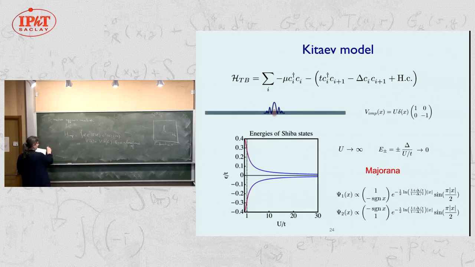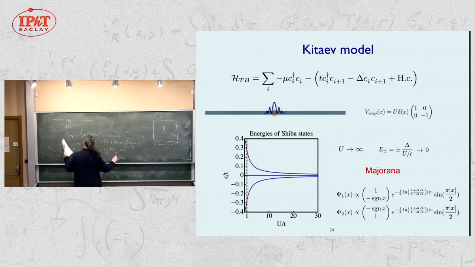Now, if you look at the form of the Hamiltonian in real space and you go back to momentum space, so you now Fourier transform C of R and C dagger of R, then you're going to get K2. And then you have a delta of R here.